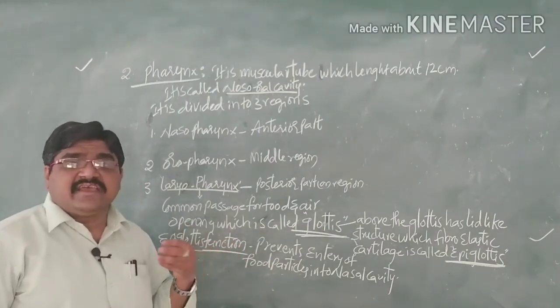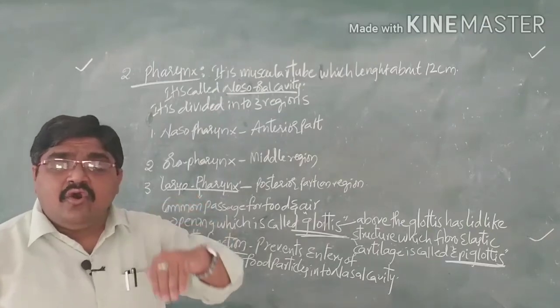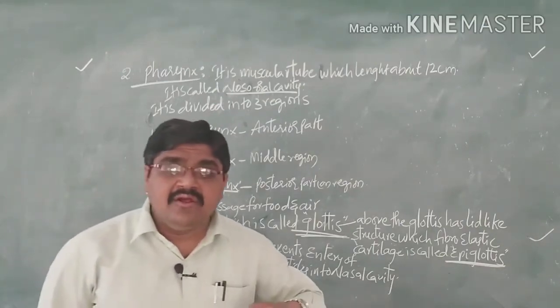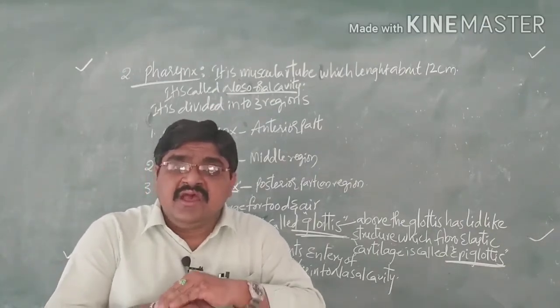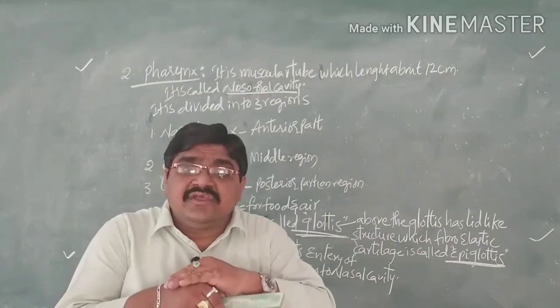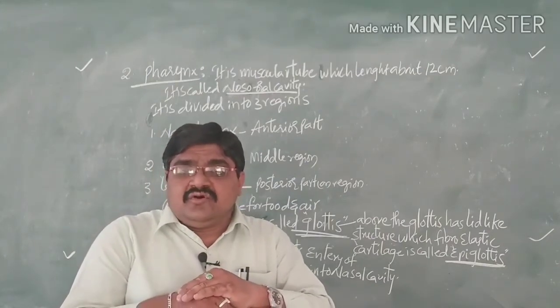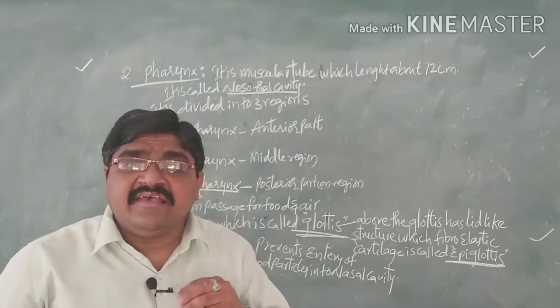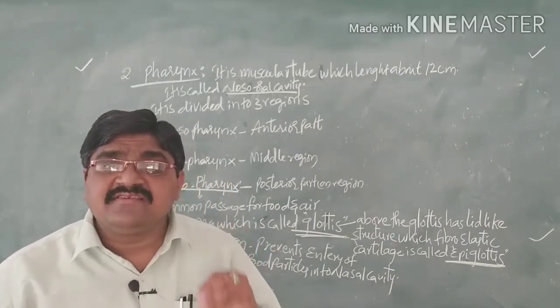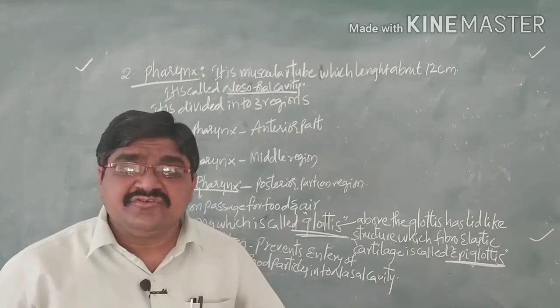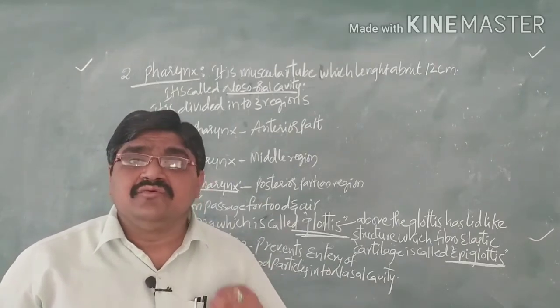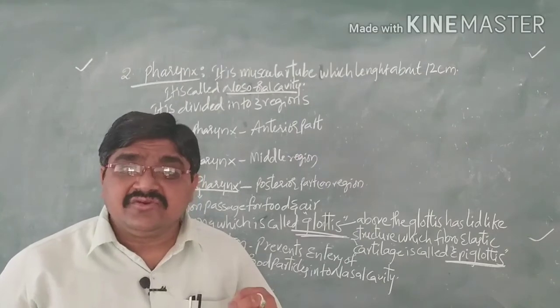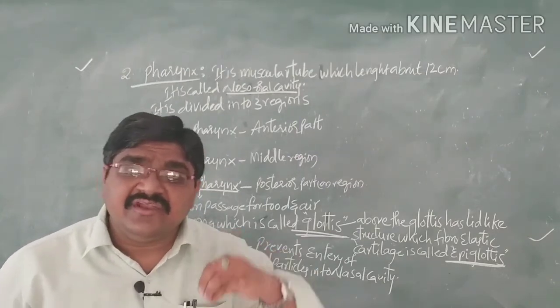So when food is taken, the epiglottis will be closed so that the food will not enter the glottis. If food enters, the indication is a severe cough, showing that food has entered the nasal cavity.